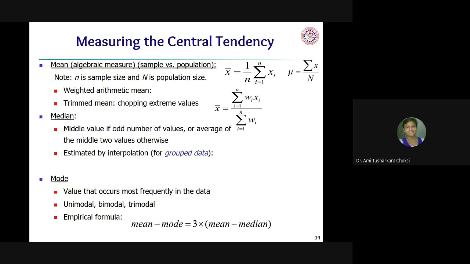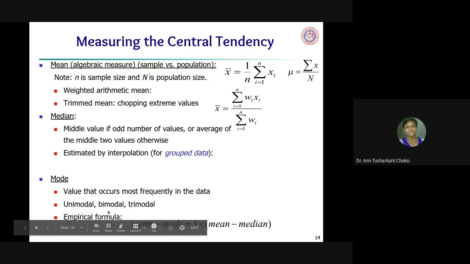Now, how to measure the central tendency? That is using mean, median, and mode. Many times, such numerical examples are asked in the GTU paper, where some numbers are given and you are told to find mean, median, and mode.